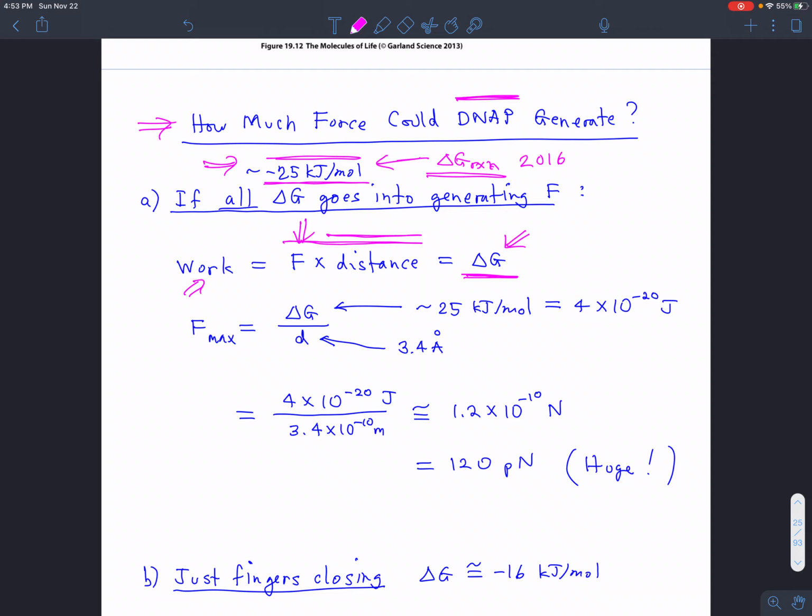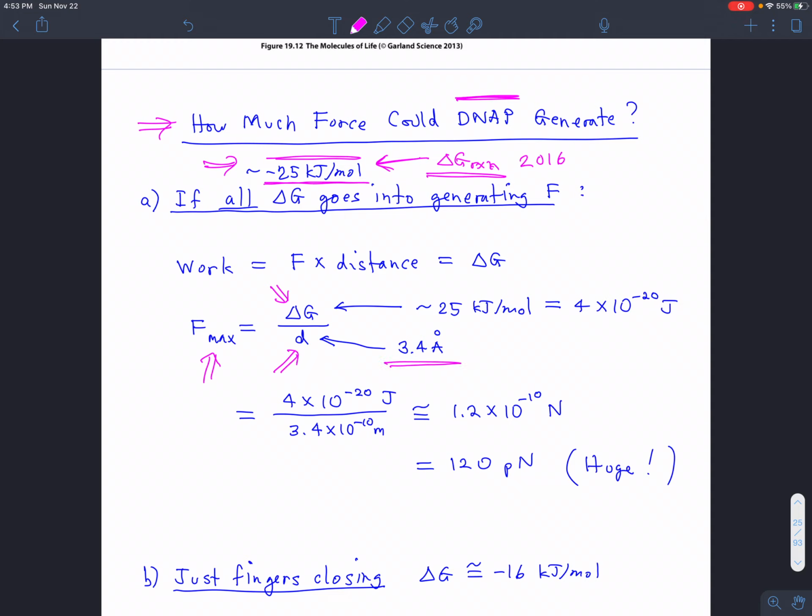I'm saying here that it's all the delta G for the whole thing. That can't really be true because delta G has to be put into other steps. But let's suppose that we would put it all into that one force generating step. If that were the case, then the maximum amount of force that the polymerase could generate would be the delta G available, 25 kilojoules, divided by the distance that it moves, and it moves 3.4 angstroms.